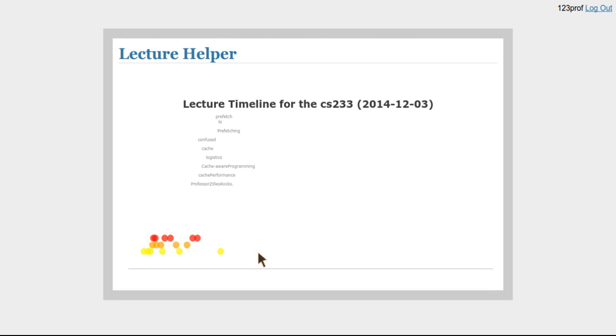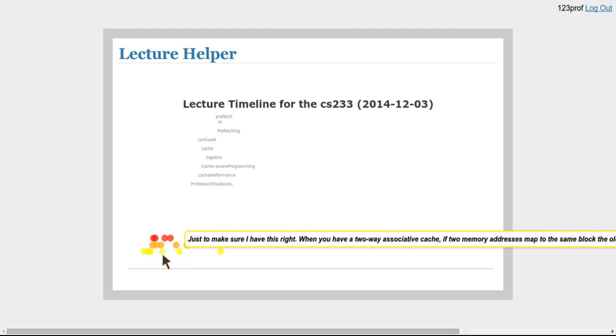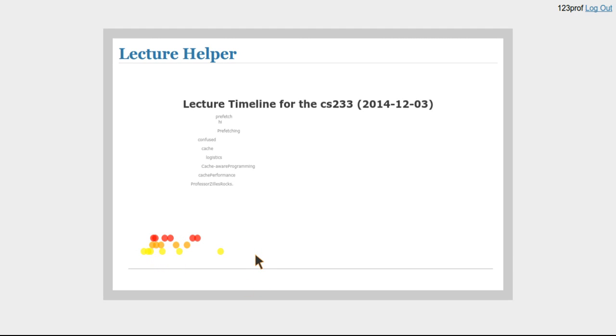So here are all the questions. Yellow bubbles denote a low confusion level, orange bubbles denote a medium confusion level, and red bubbles denote a very high confusion level. These are also some of the tags that people added when they submitted their questions.